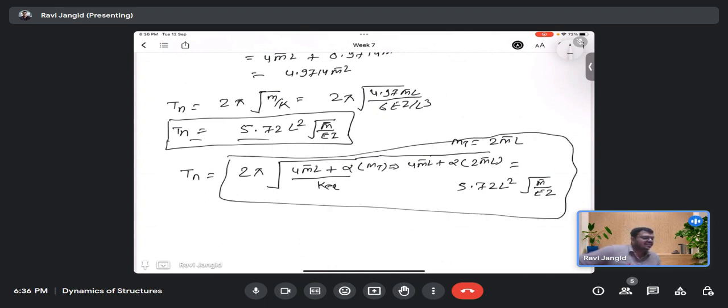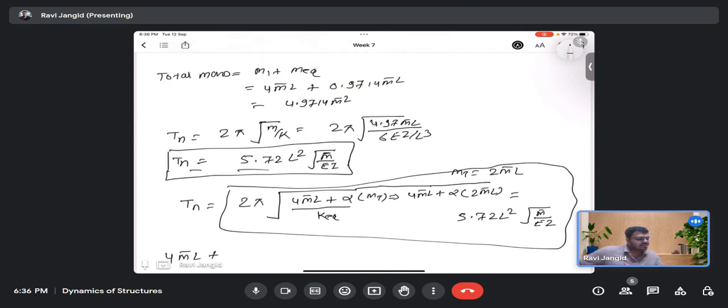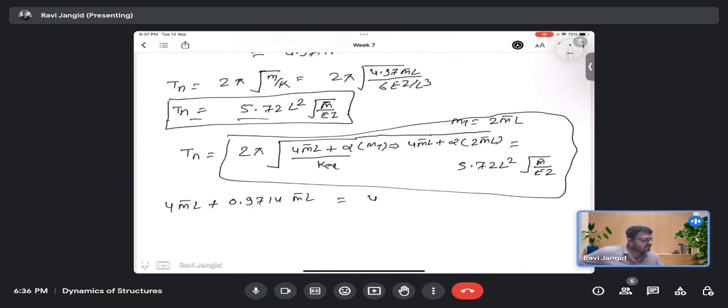As we know, the total mass is 4 m bar L plus 0.9714 m bar L, and against that it is 4 m bar L plus alpha into 2 m bar L. So that will cancel out, and your alpha would be 0.9714 m bar L divided by 2 m bar L. If you calculate it, it comes out to be 0.485.